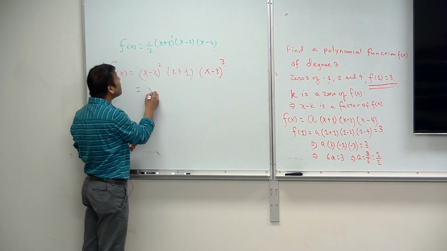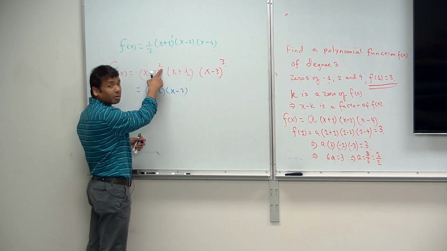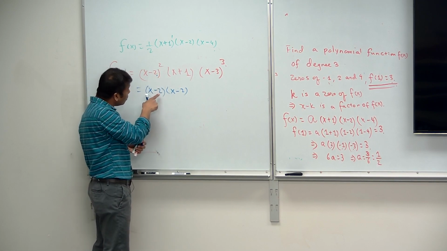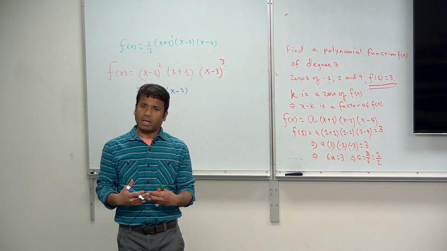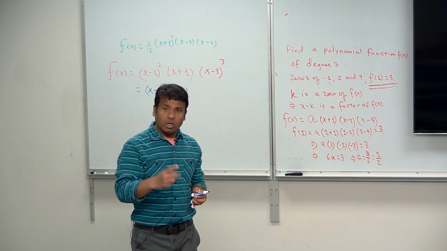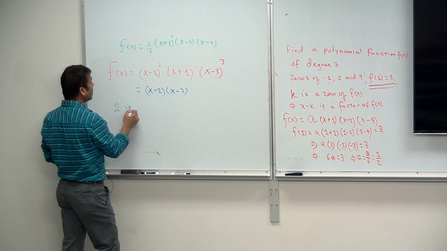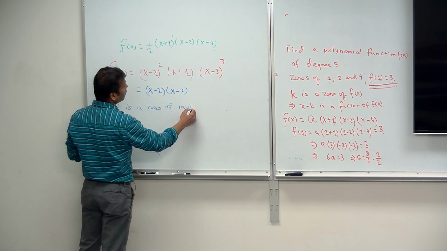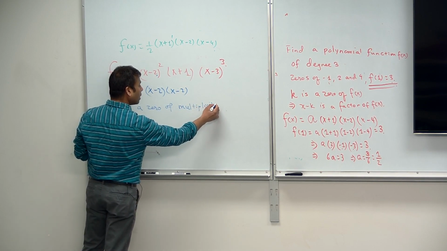So how many times does this 2 occur? 2 times. You see what I'm saying? Right? How many times does 2 occur here? You know the 2 is a 0. So the 2 occurs, or repeats, twice. Is that right? So 2 is a 0 of multiplicity 3. Multiplicity.